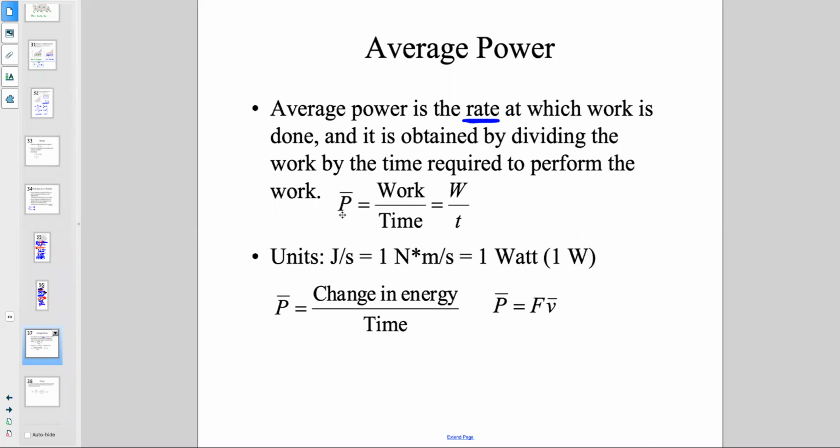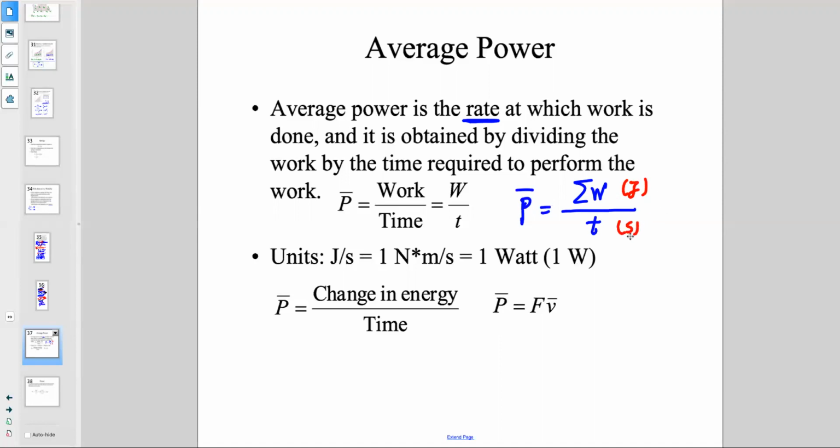In other words, P bar or P average is work divided by the time that it took the work to be done. So P is the total work done on an object divided by the total time it took the work to be done. Work is in terms of joules, so it's energy, and time is in terms of seconds.